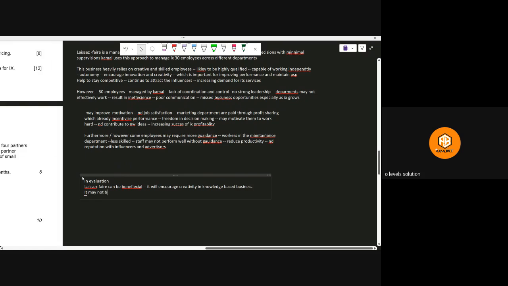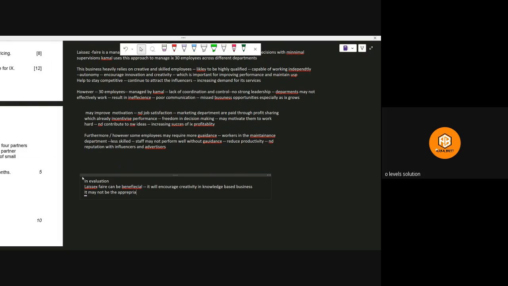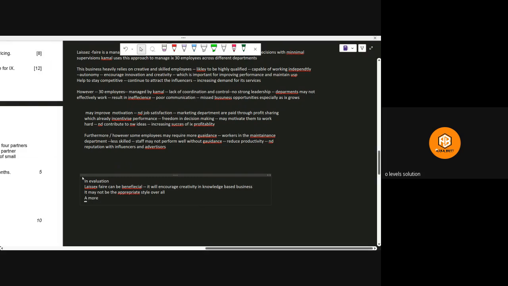We can't say that he should use this for all workers. It may not be the most appropriate management style because a more balanced approach is good. Like he should use different styles, a more balanced approach.